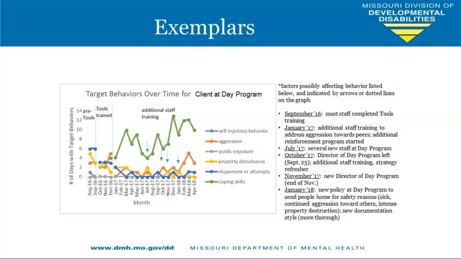This graph does a good job of having enough information. It allows for the best use of time, and it minimizes not having enough information. And it also identifies target behaviors over time for the client in the day program.